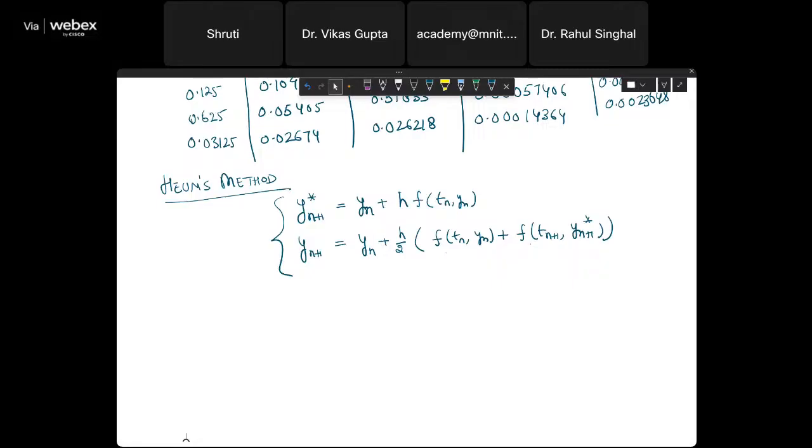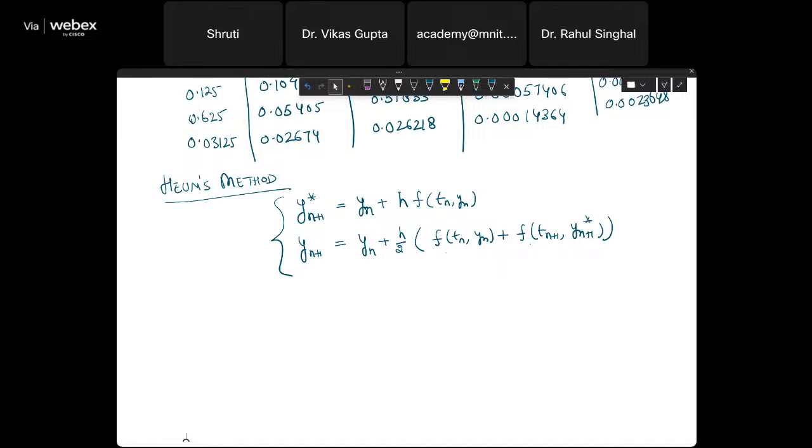So what do we mean by multi-step methods and single-step methods? A single-step method means that for computing the numerical solution at the n+1 step, we make use of the approximate solution only from the previous step, that is y_n, right?